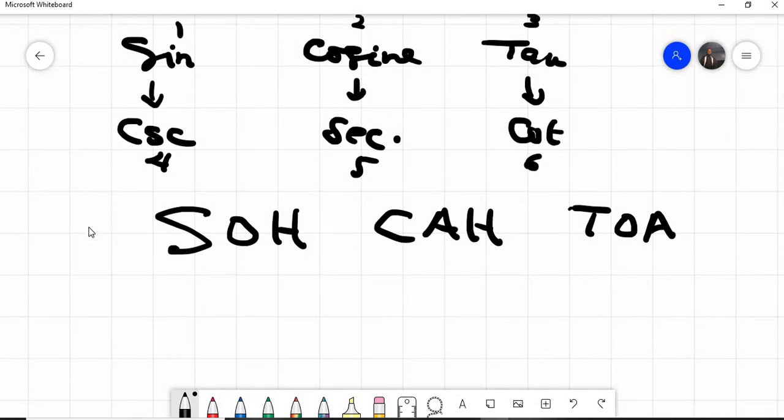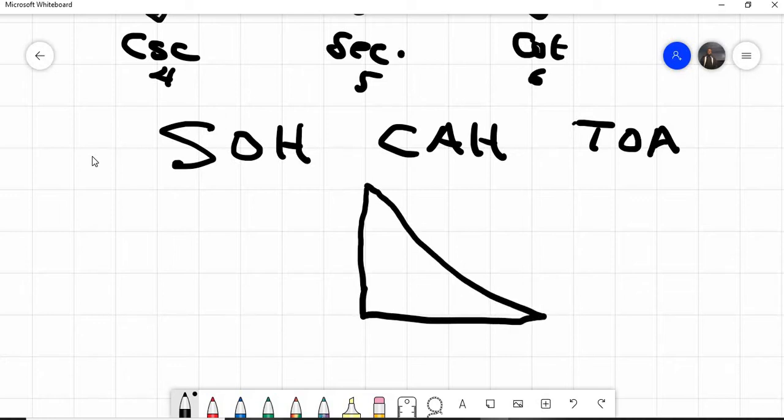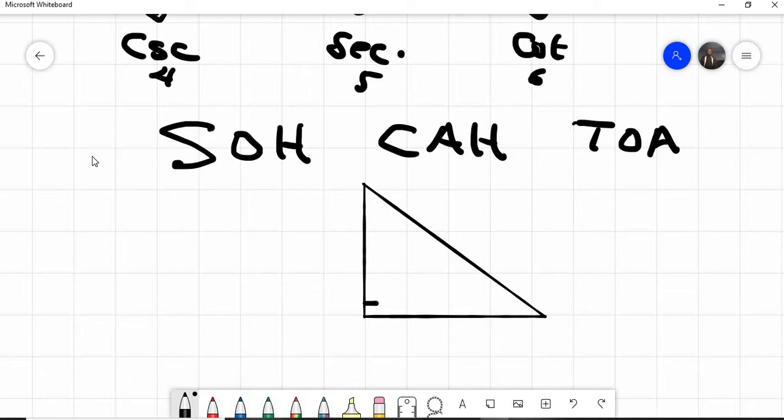So we're given our first example. We're given a right angle triangle, and the hypotenuse is 5, and the legs are 3 and 4. I label the angles A, B, C, counting backwards, but it doesn't matter.